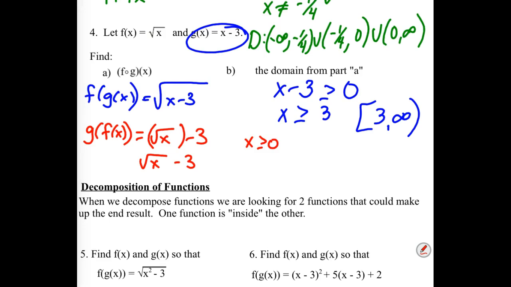Have I created any different restrictions? The only thing inside the square root is an x, right? That's the only thing I have to worry about being negative. So I've already got that listed, right? X has to be non-negative. So my domain for this one would be everything from 0 on up.